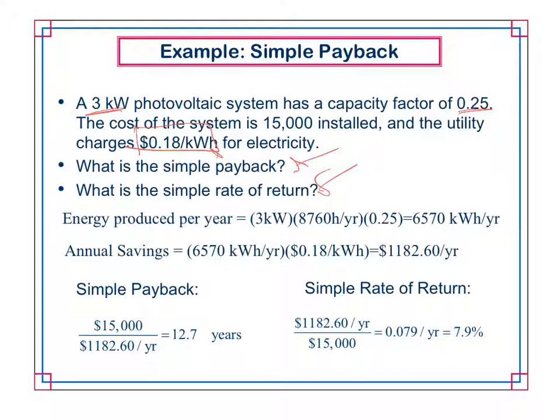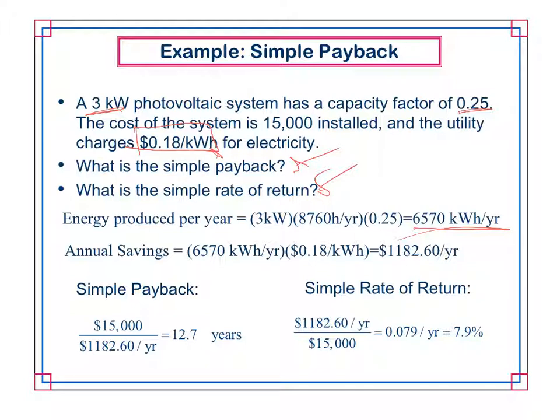So first thing I need to do is figure out how much power I'm producing a year, almost 6,600 kilowatt hours per year. Then I figure out how much it costs to buy that power from the utility, so almost $1,200 a year.